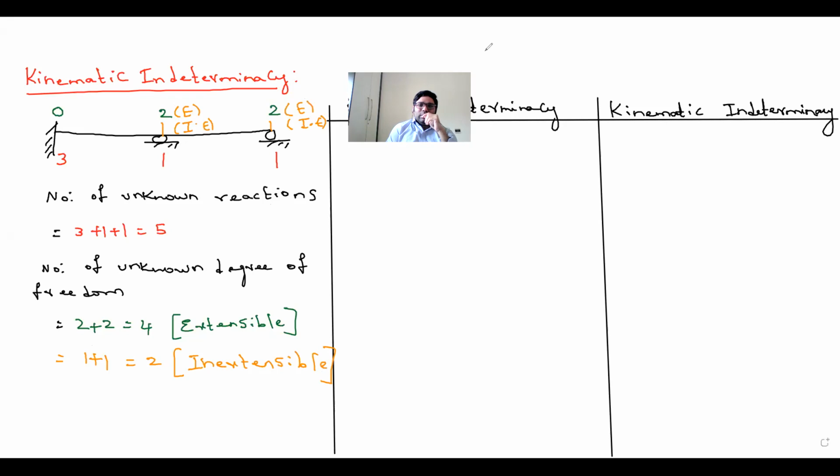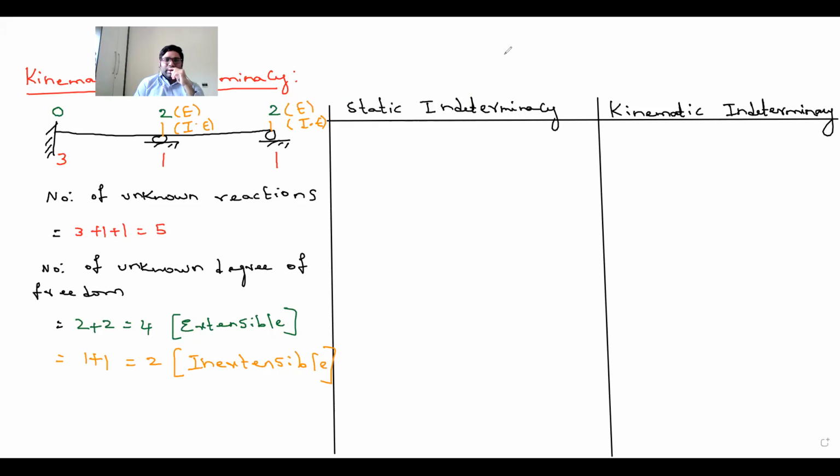Now, what is the degree of static indeterminacy? When we want the static part, we solve it based on ds is equal to R minus N, where N is the number of equations of equilibrium, and this is always equal to 3.